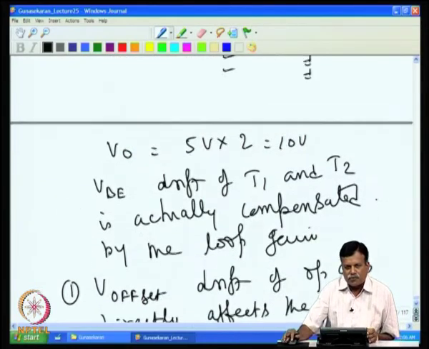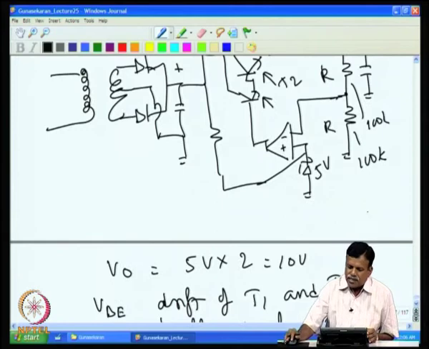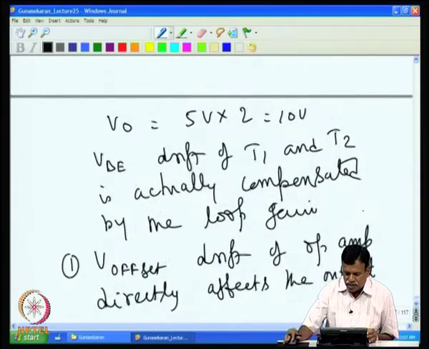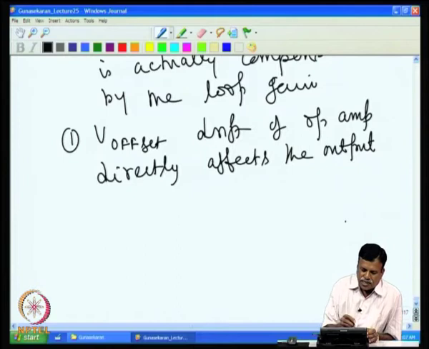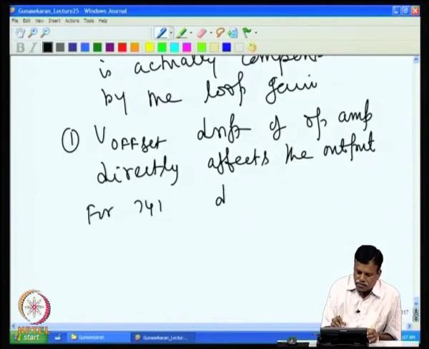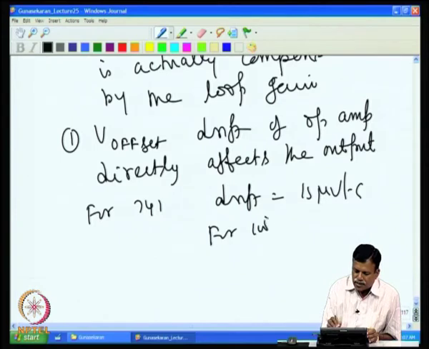For example, if I use 741, the offset voltage drift would be 15 microvolt per degree C. For 100 degree C temperature change, this comes to 1.5 millivolt.